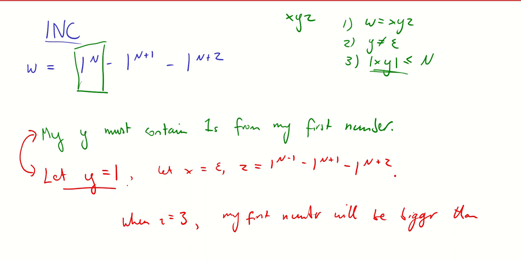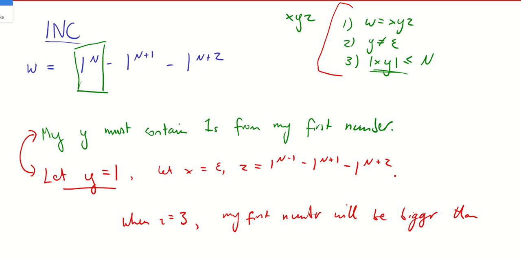The only problem with this is that this is not all possible ways that my word can be broken up into X, Y, and Z following these rules. There are lots of ways. There are actually, because we don't know what the number n is, there are an uncountable number of ways that we can break our word up into X, Y, and Z. So we need to be really, really careful that the cases that we provide are sufficiently general that all possible ways are covered.